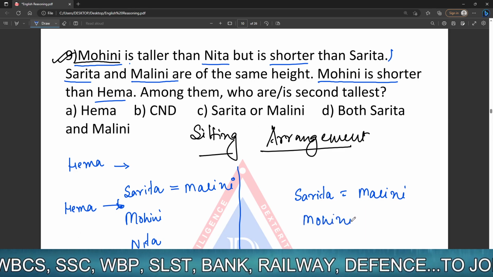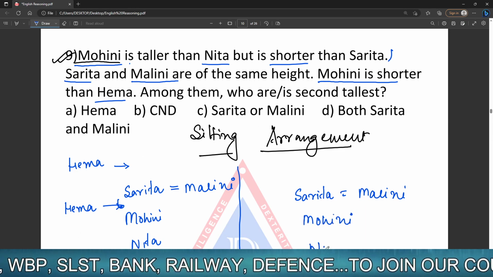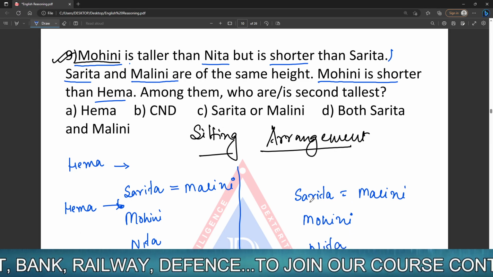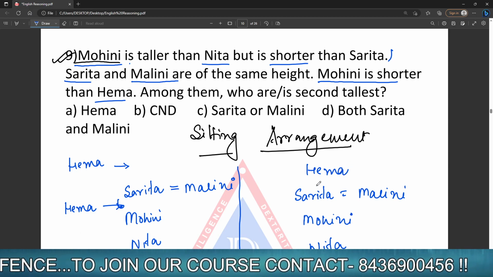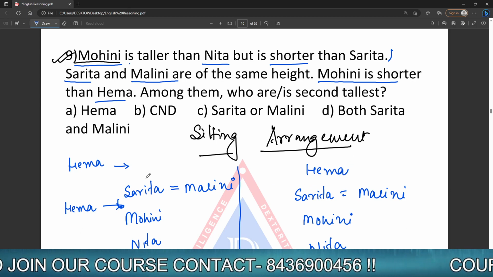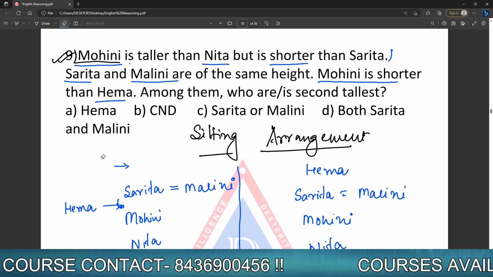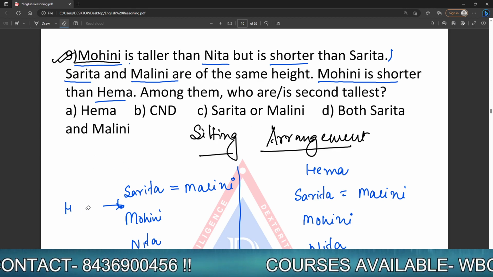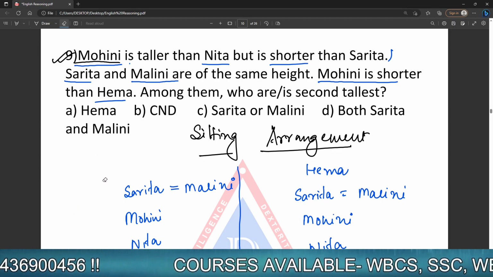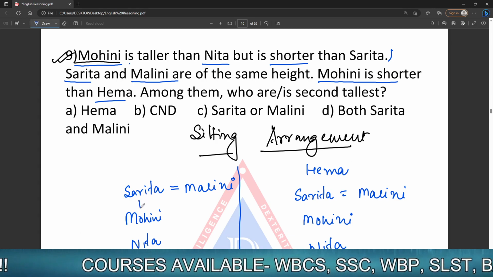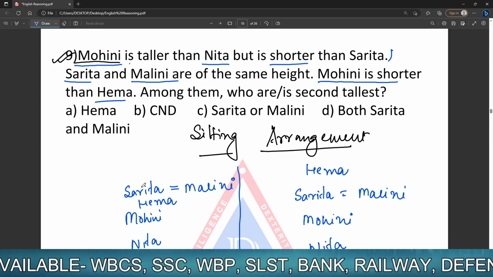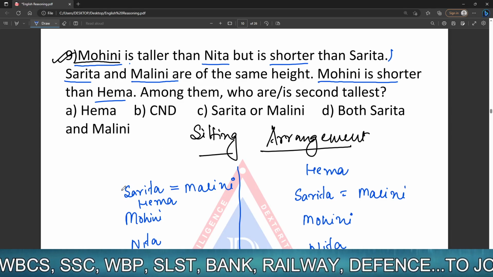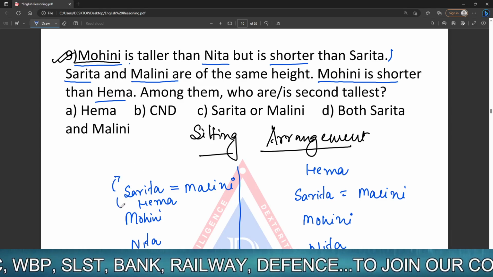Mohini is shorter than Sarita but taller than Nita, and so Hema can be here in the same case, because it's not specific in the question whether Hema is taller or shorter than Sarita.